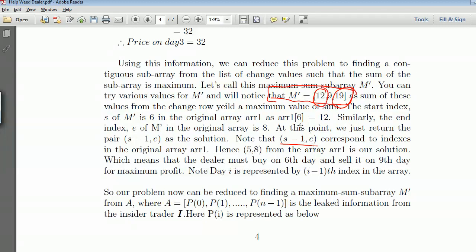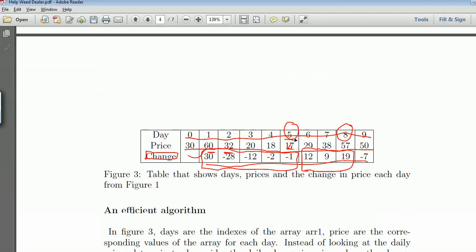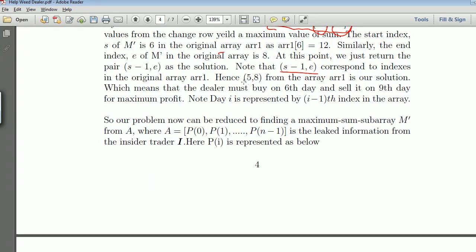So in this case, the index of 12 in the original array is 6, right? And the index of 19 in the original array is 8. Okay, so at this point you want to return 6 minus 1, which is 5, and 8. So 5 and 8 will be our solution.